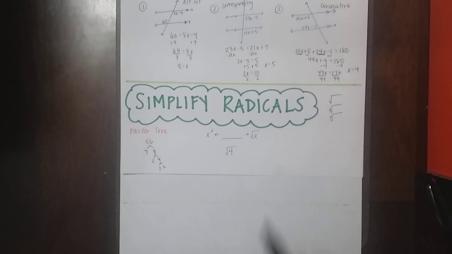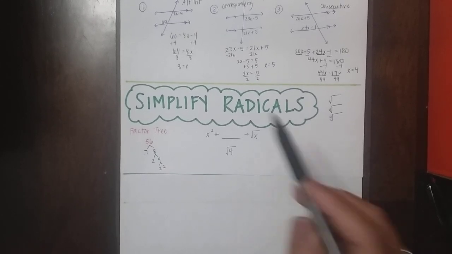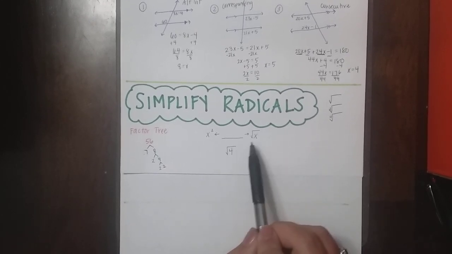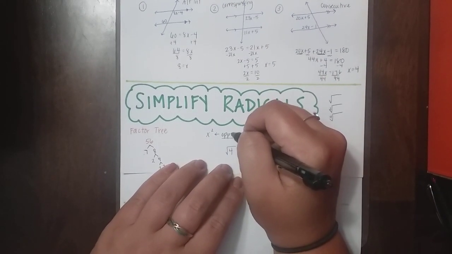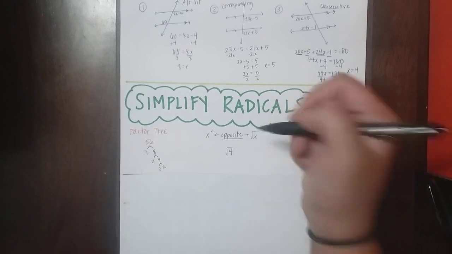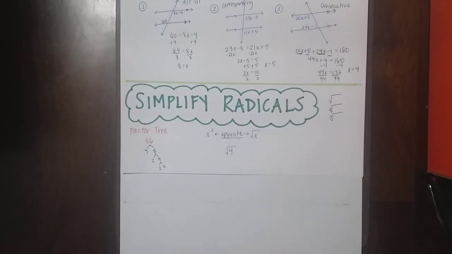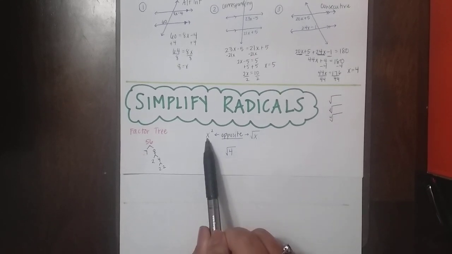When we're going to simplify our radicals, the square root of x is the opposite of x squared. They're inverse functions, so they cancel each other out. That means when I do my factor tree and simplify these radicals, I'm looking for something squared underneath my square root.